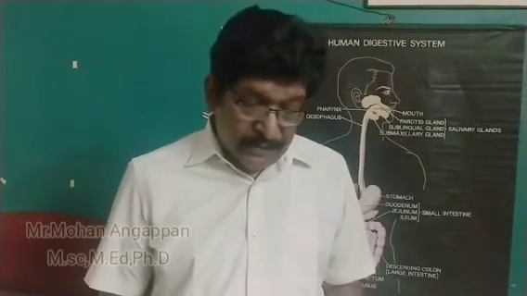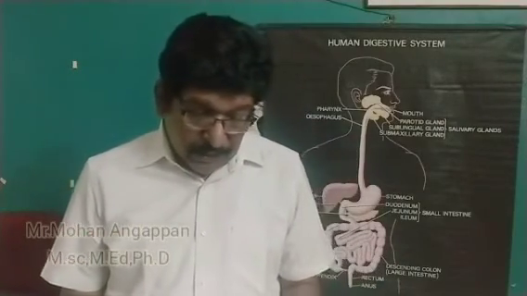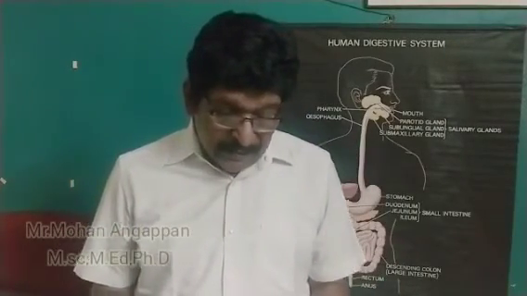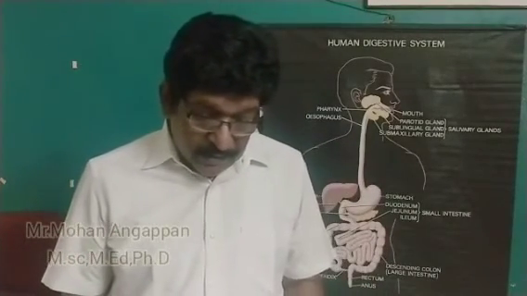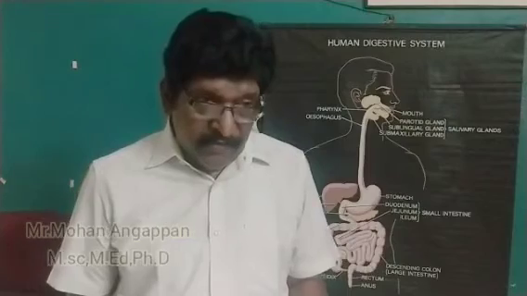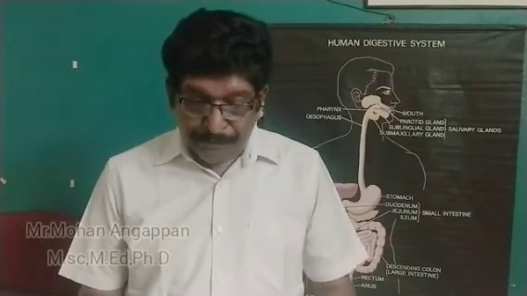Another disease, hernia. These are the ruptures in the abdomen. There are three types of hernia: inguinal hernia, femoral hernia, umbilical hernia. Inguinal hernia is the rupture through the inguinal canal. Femoral hernia is the hernia in the part of the groin. Umbilical hernia is in the babies behind the navel part.